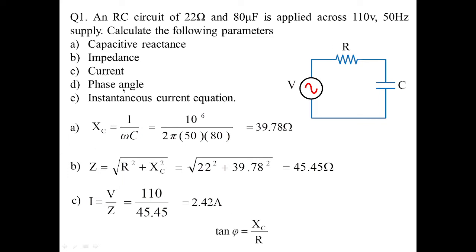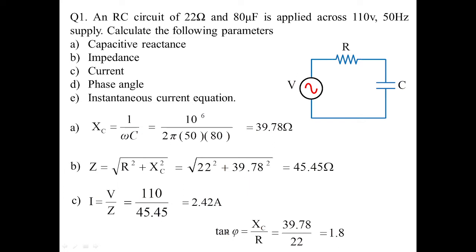And how do we calculate the phase angle? First, tan phi, which is nothing but the reactive component to the real component. The reactive component we obtained to be 39.78 ohms and the real value is the resistance, that is 22 ohms. So tan phi is equal to this value. This indicates the tan phi value to be 1.8.